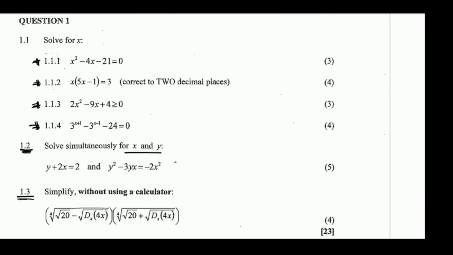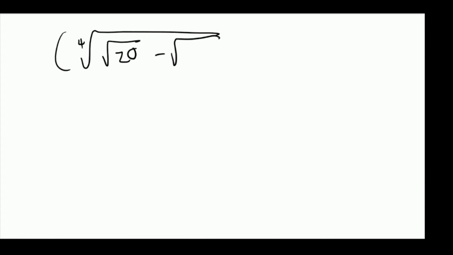1.3, we are going to simplify this problem here without the use of a calculator. So if you write it properly, it's a 4th root, and then it is square root of 20 minus square root of d of x of 4x, right?